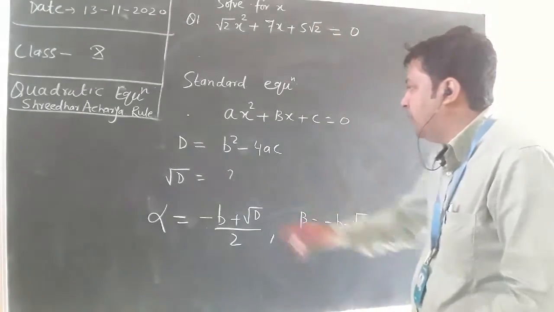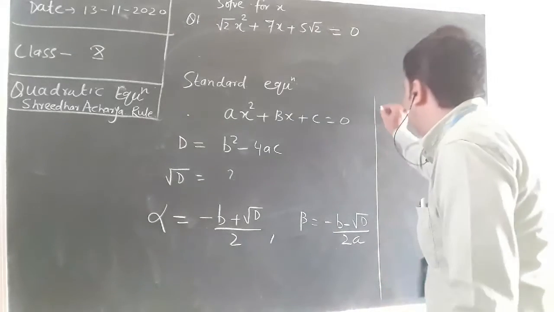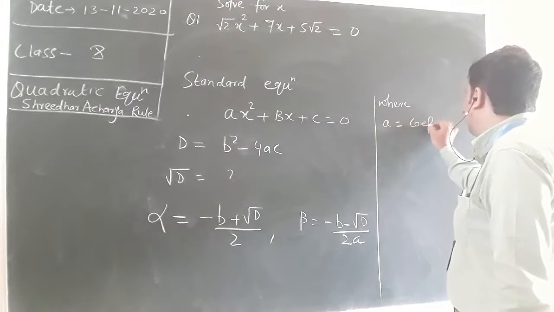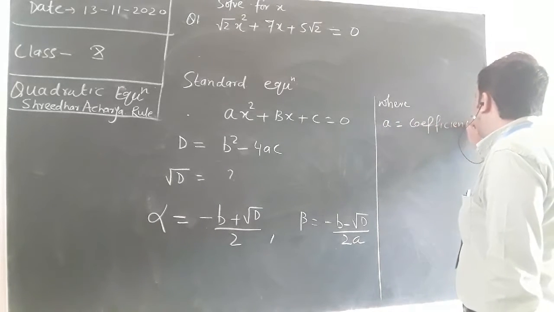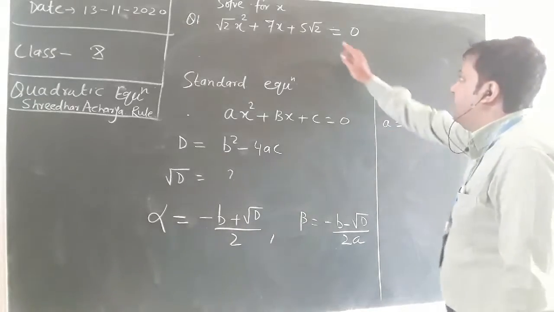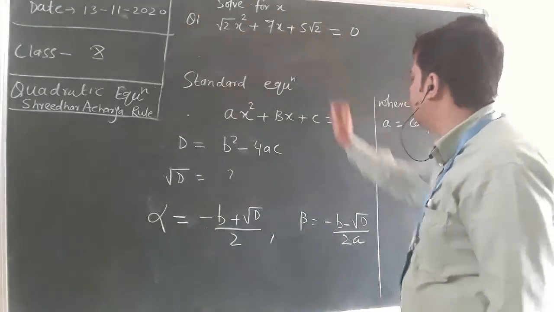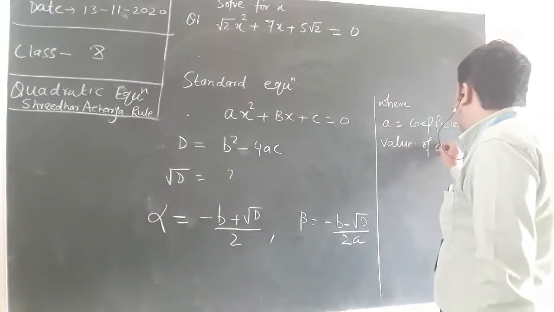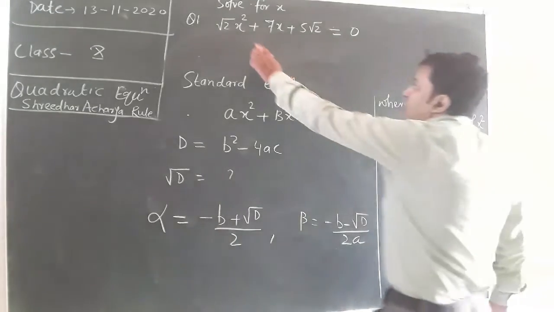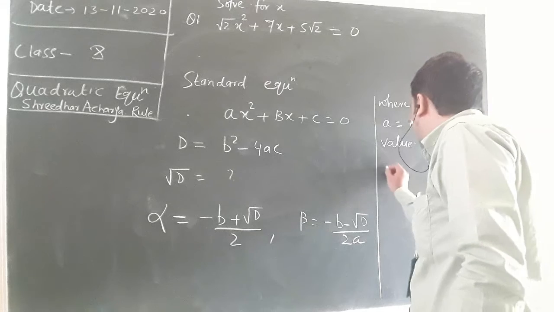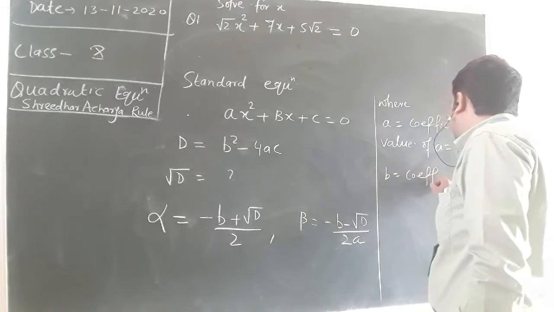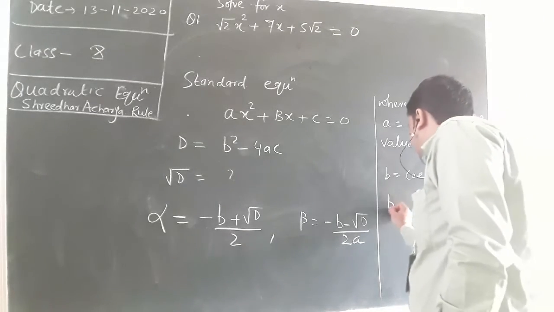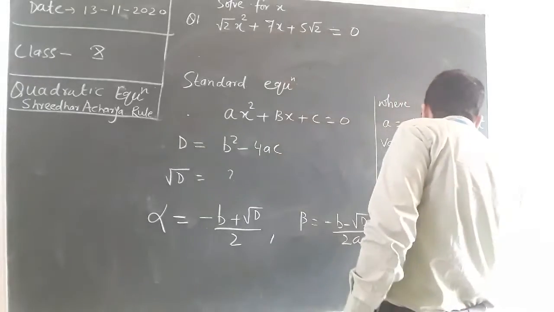And here what are a, b, c? Where a is equal to the coefficient of x square, and c is the last term. As per the question written on the board, the value of a is equal to root 2, the coefficient of x square. b means the coefficient of x, so the value of b will be 7.